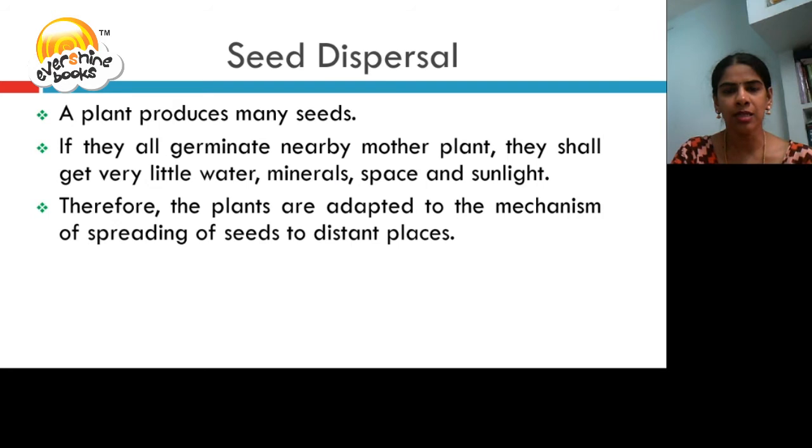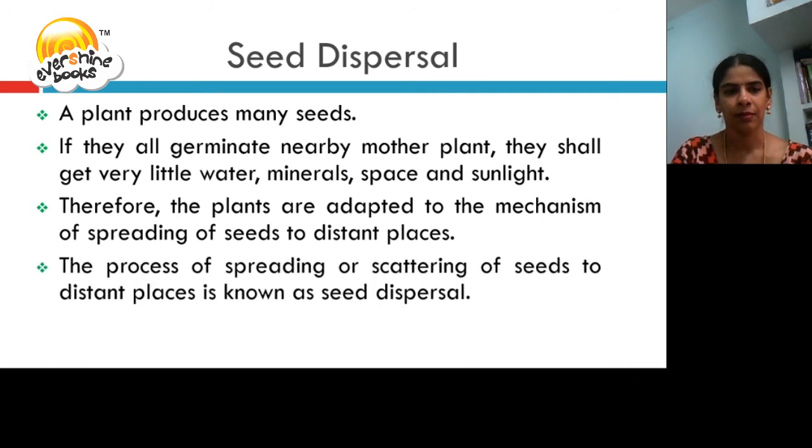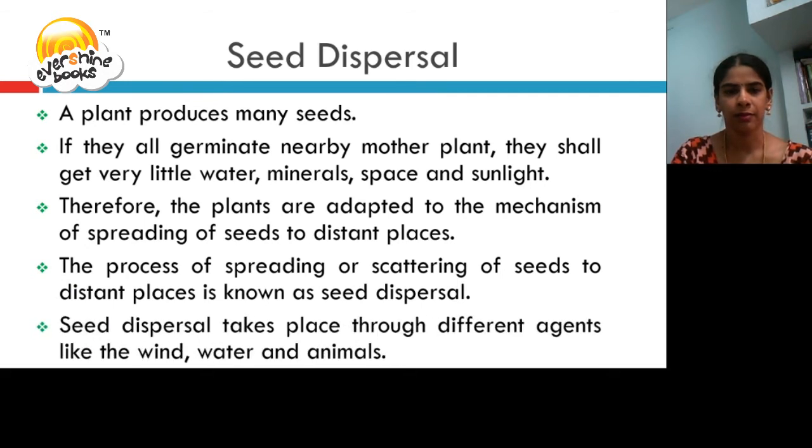Therefore, plants are adapted to a mechanism of spreading seeds to distant places. The process of scattering or spreading of seeds to distant places is known as seed dispersal. Seed dispersal takes place through different agents such as wind, water and animals.